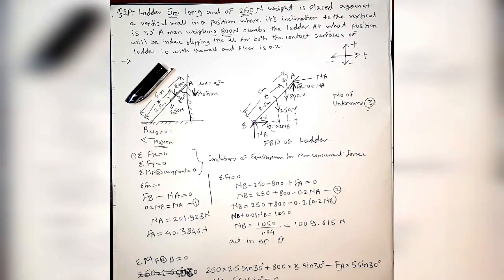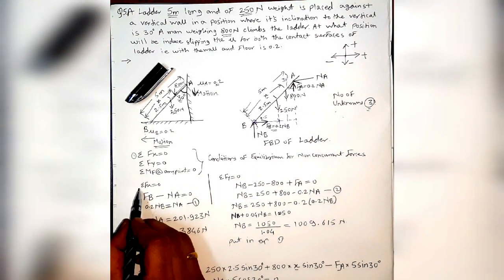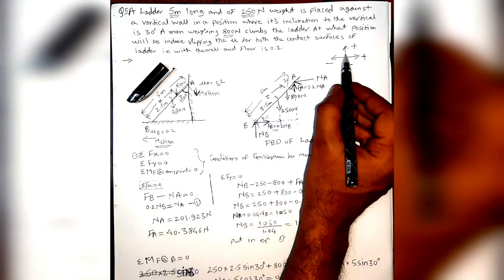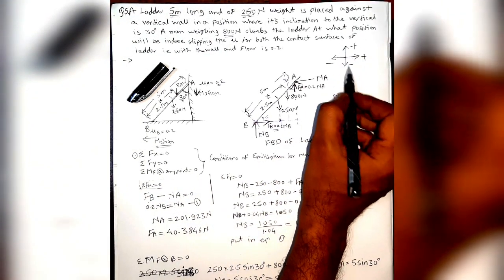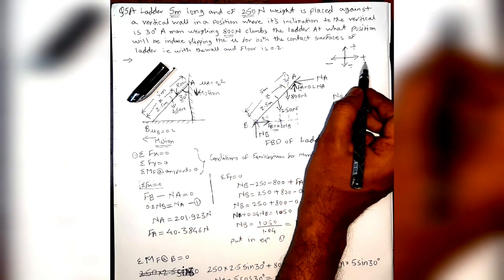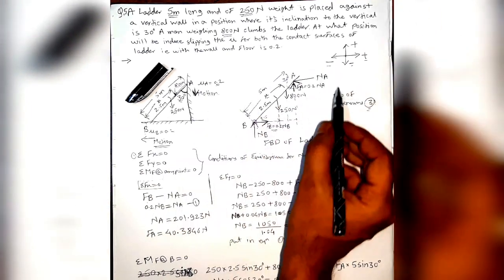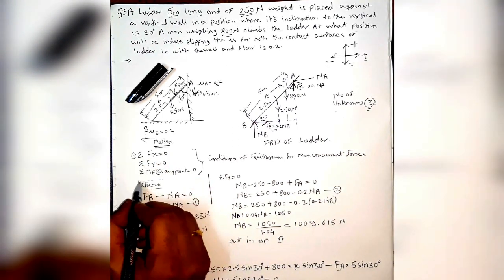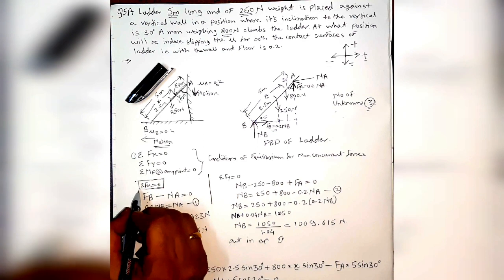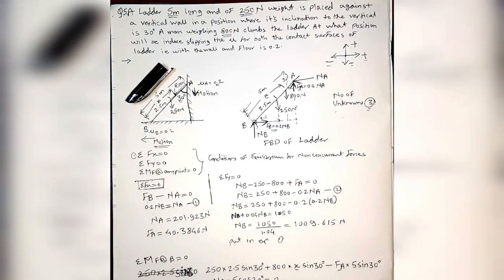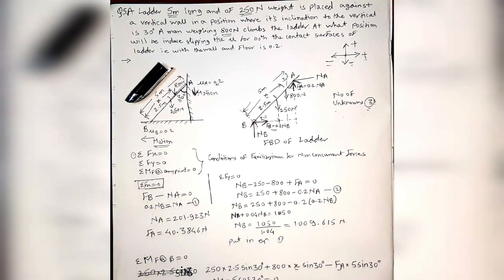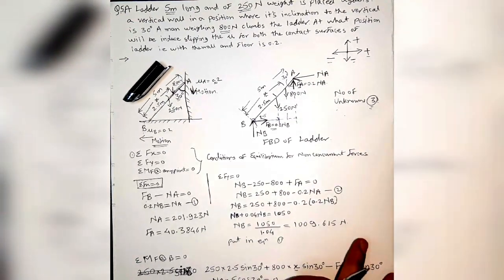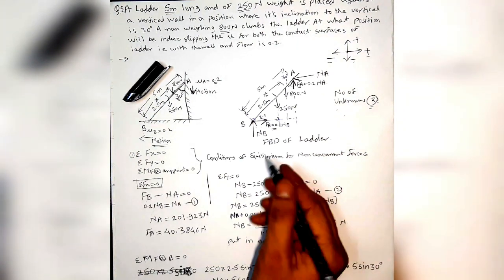Using the conditions of equilibrium, we have to follow simple sign conventions. Upward forces we take as positive, downward negative, whereas rightward positive and leftward negative. Following these sign conventions, writing the equation for summation Fx, that means algebraic sum of horizontal components of forces, we equate that sum to 0.